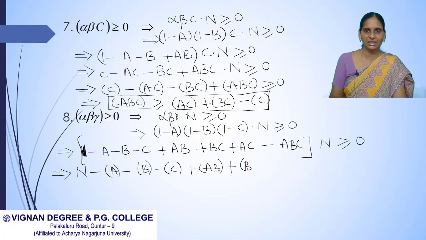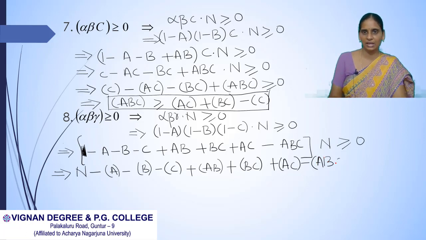Plus BC into N is frequency of BC. Plus AC into N is frequency of AC. Minus ABC into N can be expressed as frequency of ABC, which is greater than or equal to 0.